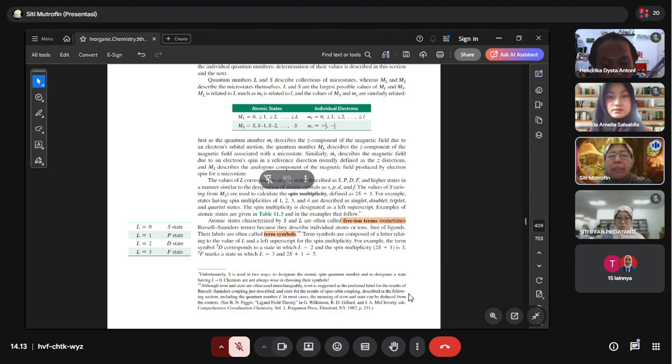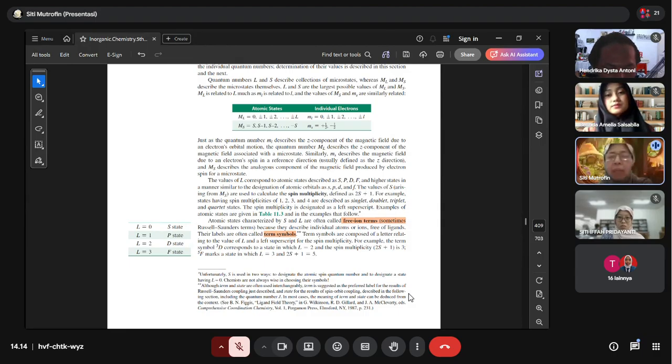When we know how many term symbols or free ion terms there are for the electrons of a particular atom, then we can predict or justify how many energy levels they have. So I think you are clear enough on why we need the microstate. The function of the microstate is to reduce it into the free ion terms or term symbols.